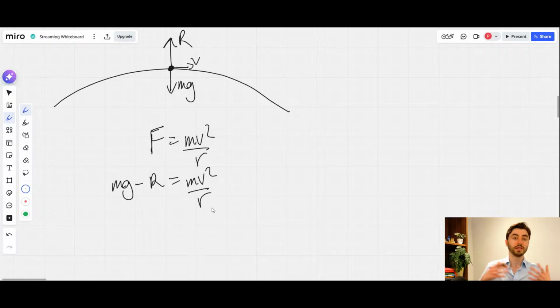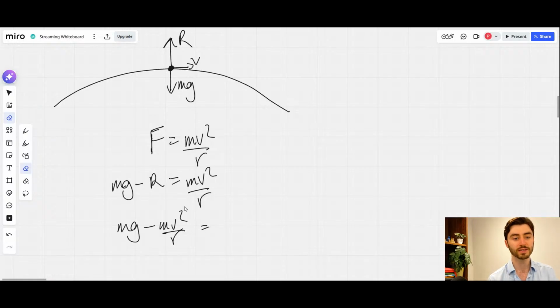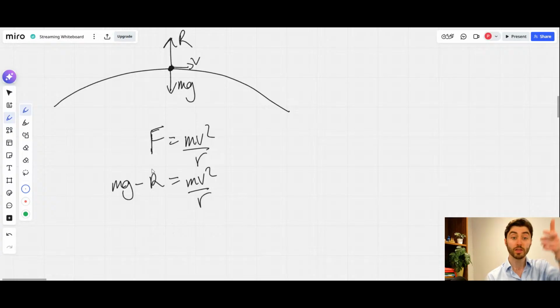And so a typical question might be, what is the maximum speed you could travel before the car loses contact with the road? Because we know if you're going over a hill too quickly, you'll eventually go airborne. So what you can say is at the point at which the car is about to go airborne, the reaction force will go to 0.